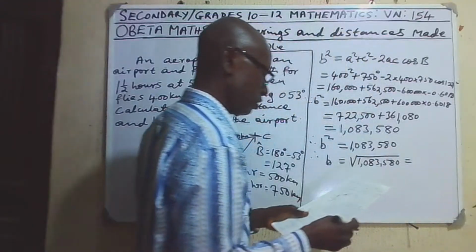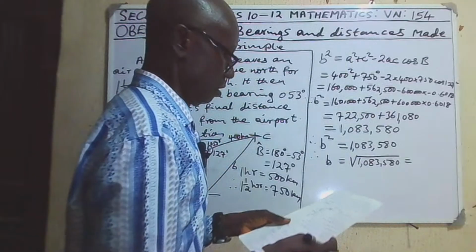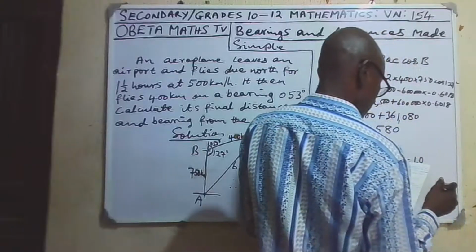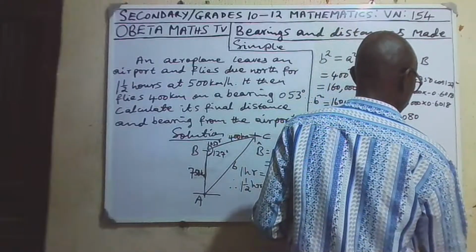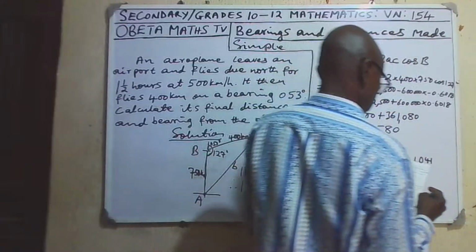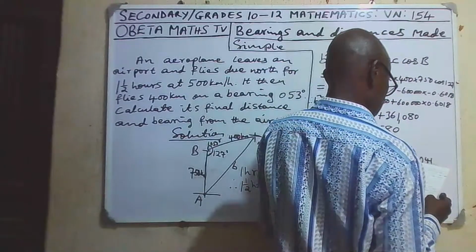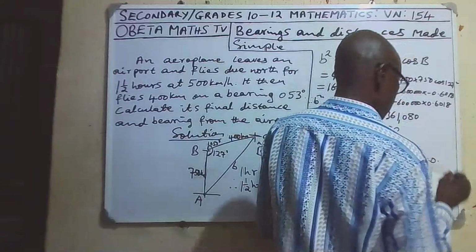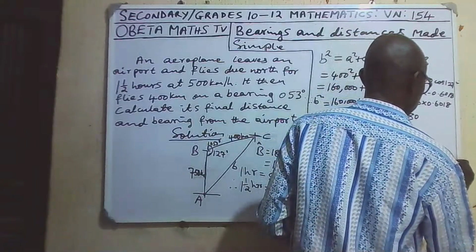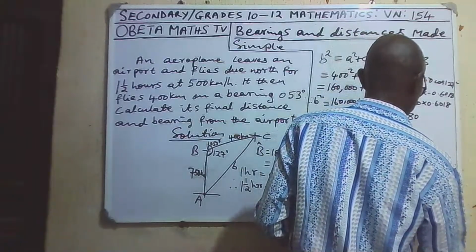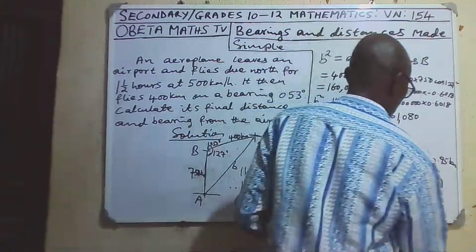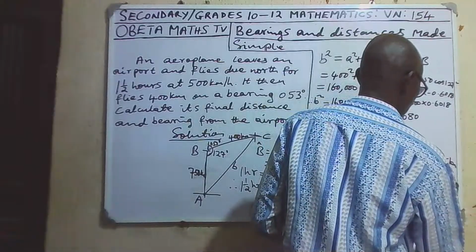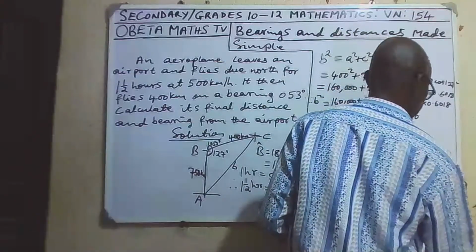And if you find the square root, that will give us 1040.95 kilometers, which should be approximately equal to 1041 kilometers.